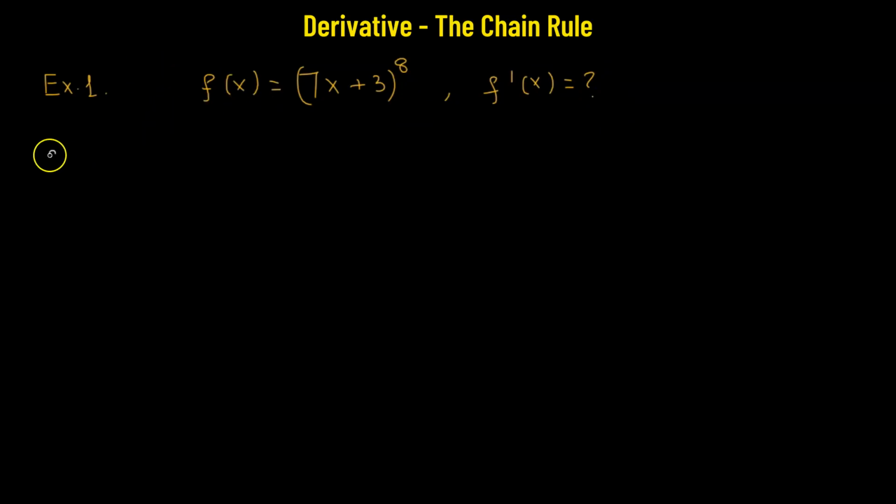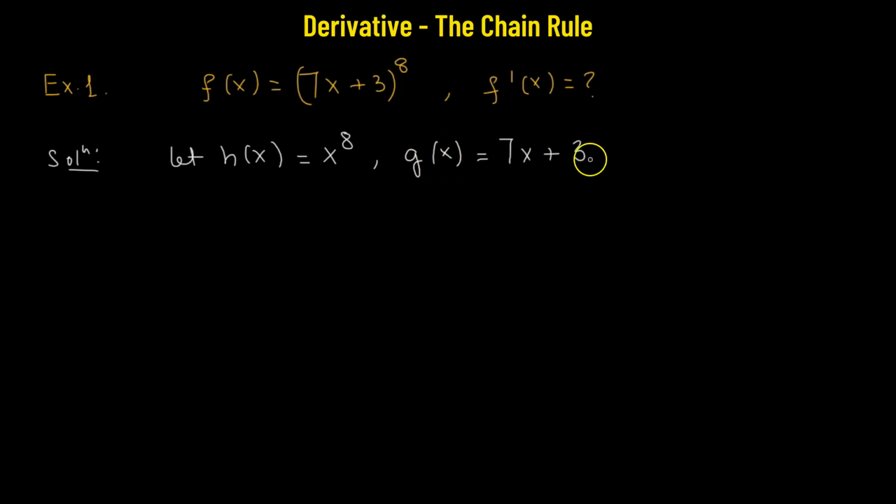If we consider two functions, h of x, which is given by x raised to the power of 8, and g of x, which is given by 7x plus 3, then the composition of h with g gives us the function f of x, that is (7x plus 3) raised to the power of 8. So the question is, what is the derivative of this composition function?